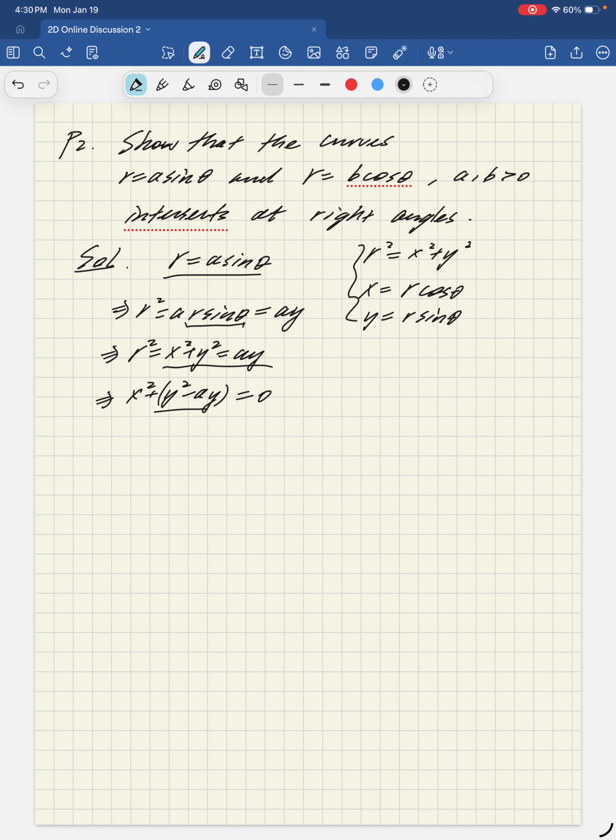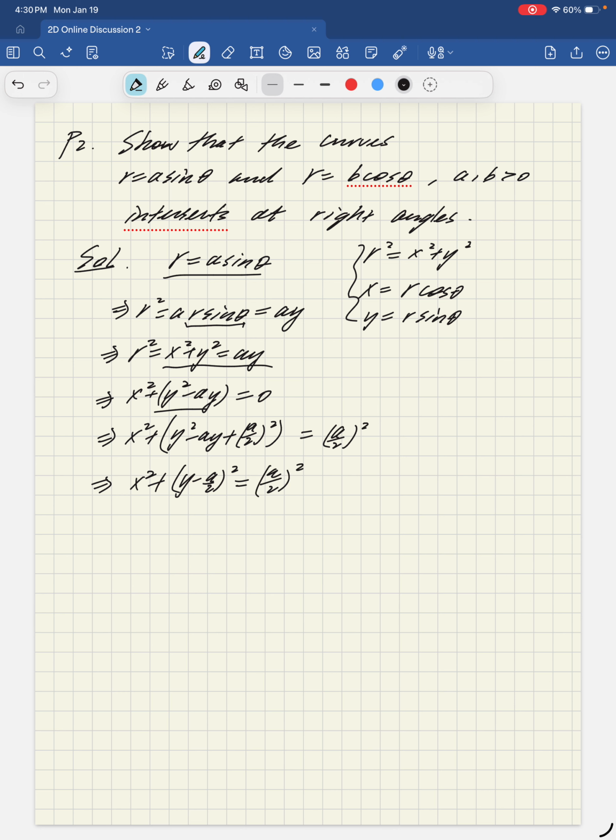For this part, we can just complete the square for y. And therefore, x squared plus y squared minus ay plus (a over 2) squared equals (a over 2) squared. And therefore, we get x squared plus (y minus a over 2) squared is (a over 2) squared.